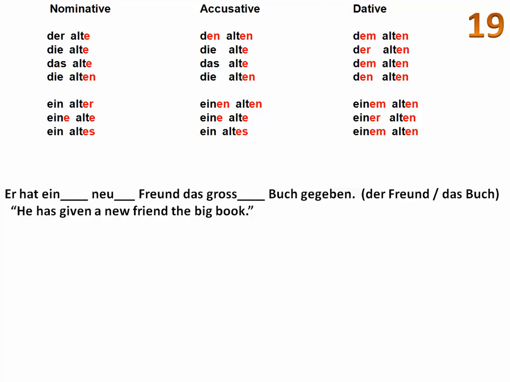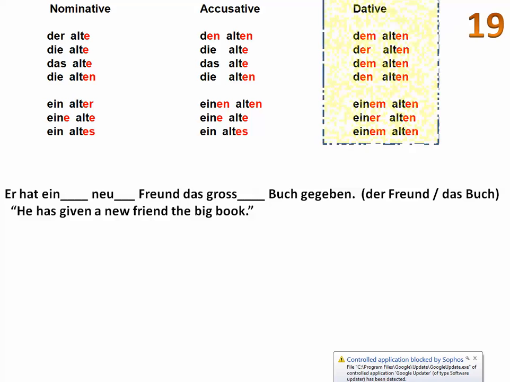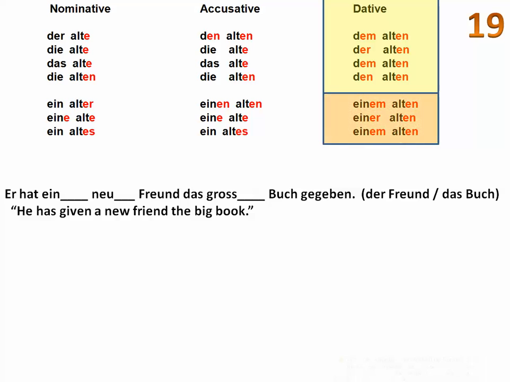Nummer 19. Now here we have two again. He has given a new friend the big book. So what has he given? The book, that's a direct object. But let's start with friend. The friend here is the indirect object, so it's dative. And then we are using an indefinite article, ein.